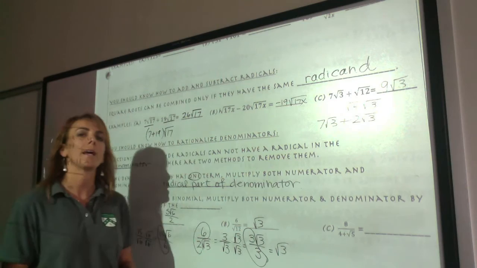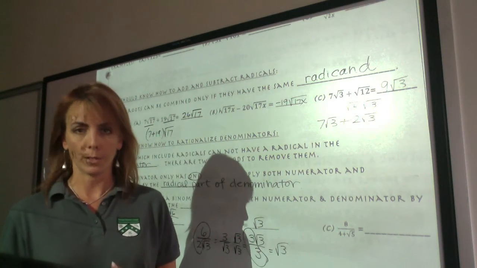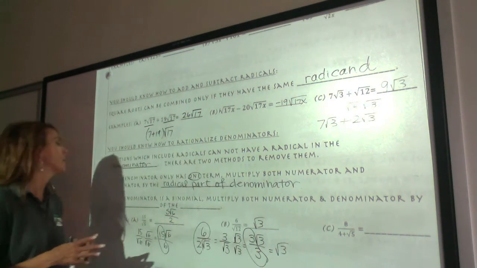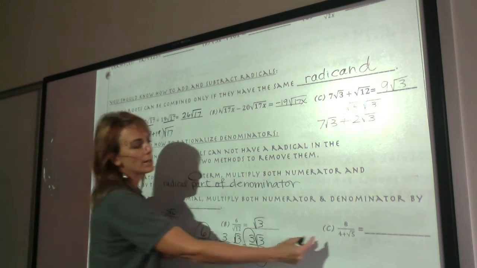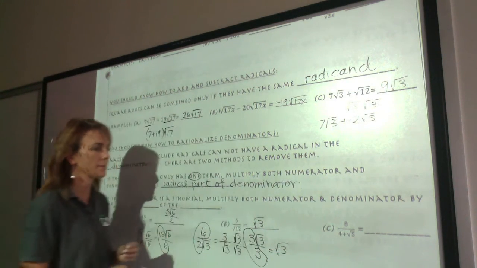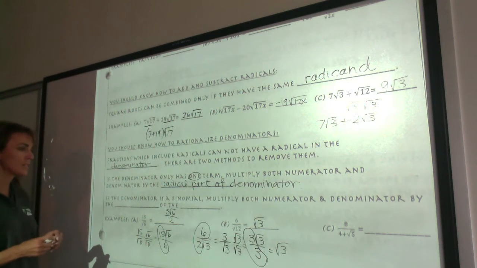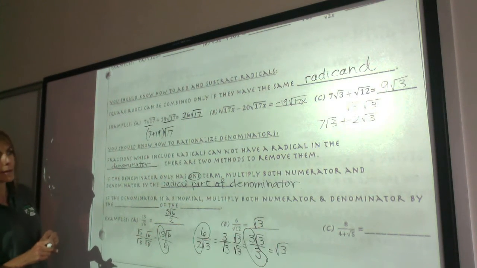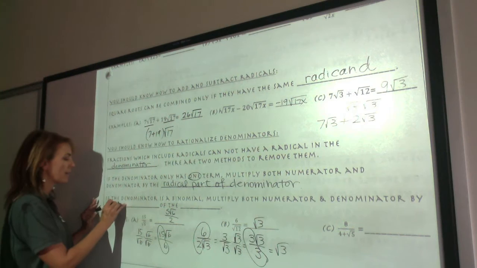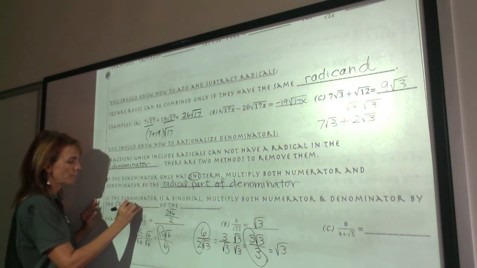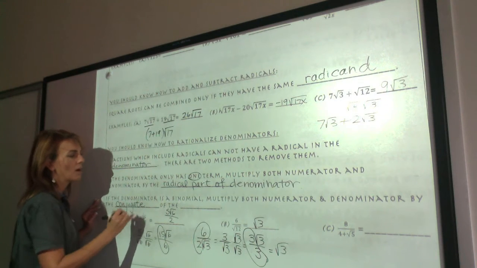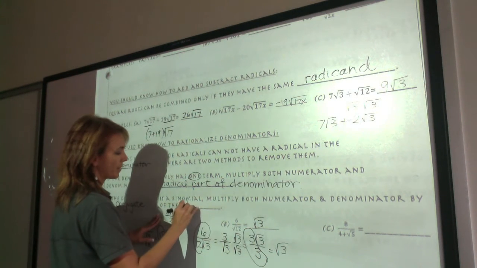Now, when we have a binomial or a term that has a radical as only part of the denominator here, what we need to do is multiply both the numerator and the denominator by the fancy word conjugate of the denominator.